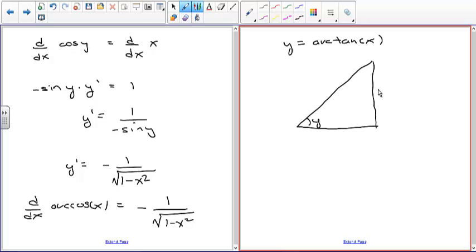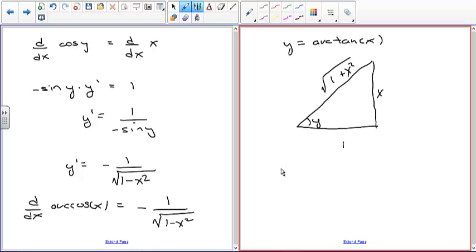For that to happen, I have the opposite side x, the adjacent side 1, and the Pythagorean theorem says the hypotenuse is going to be the square root of 1 squared plus x squared, or 1 plus x squared under the square root.